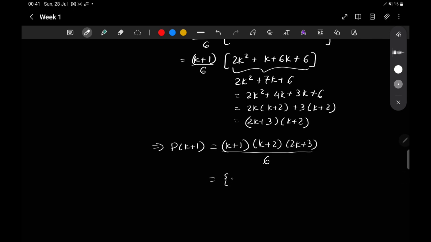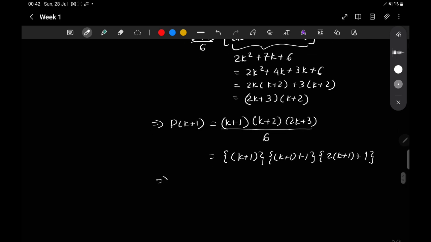Now if we look at it, then this is basically k plus 1, then k plus 1 plus an extra 1, and 2 times k plus 1 plus 1. So this implies that Pk plus 1 is true. Sorry, this divided by 6, and therefore Pn is true.